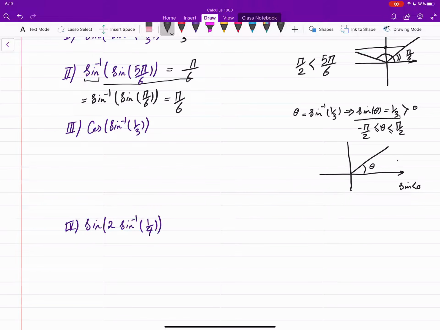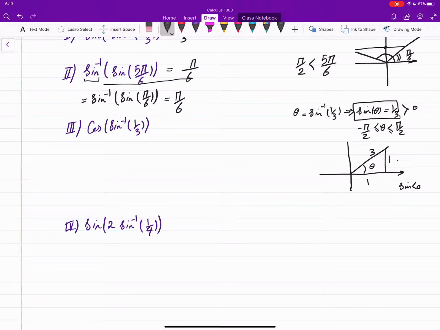Now, what else do we know? We know that its sine is 1/3. Well, use the tricks we always use. Form this triangle. Sine of theta, if you have a triangle, will always be opposite over hypotenuse. So it will be 1/3. That's one possible triangle for this.